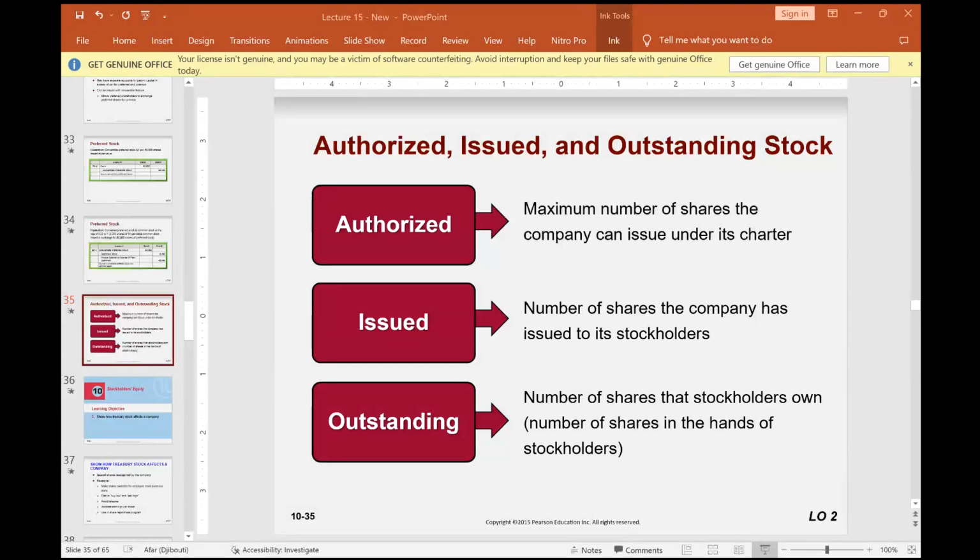What does it mean? It means the company issued to the shareholders 1 billion shares, and in the market there are 900 million shares. So it means the company bought back its shares worth 100 million. So we call this treasury stock.